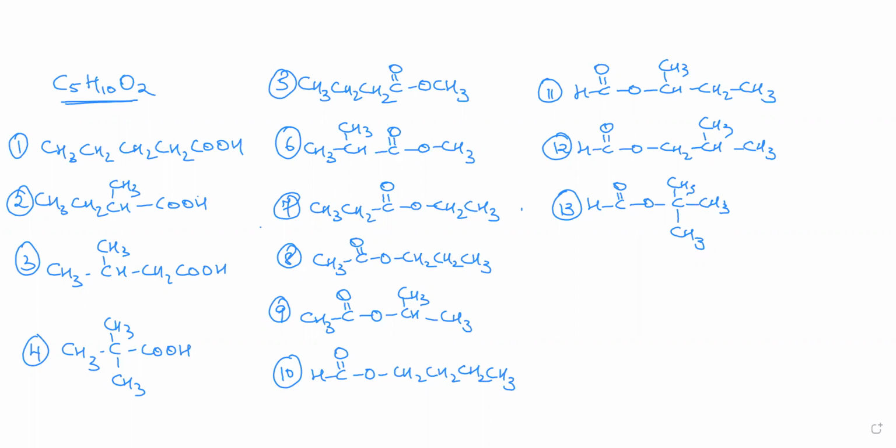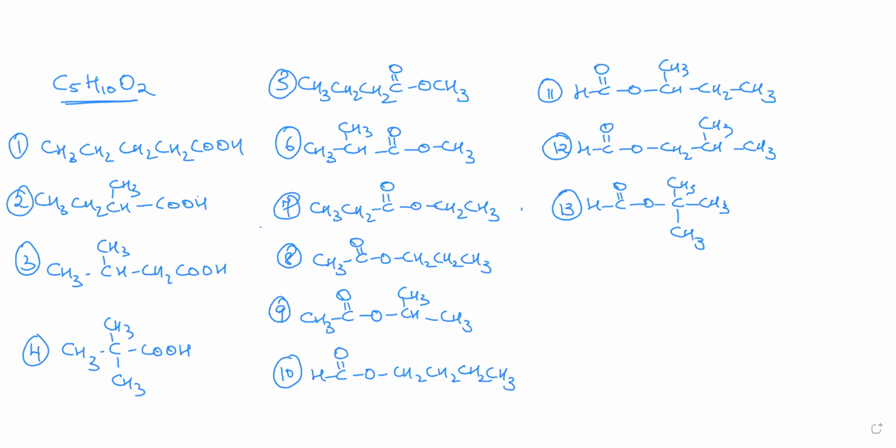Yes. 1 and 4? 1 and 4 are also chain. Correct. 1 and 5? Functional. Very good. Yes, 1 and 5 are functional. 1 and 6 is functional. This goes on till 1 and 13.